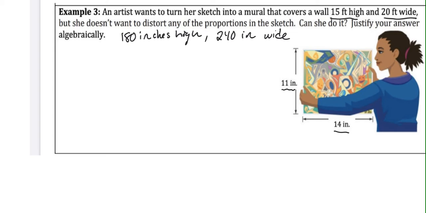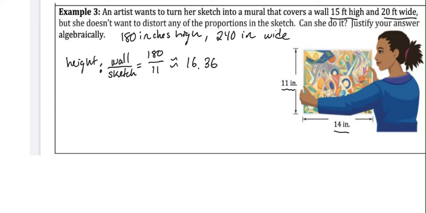And then once we find these ratios, they should be equivalent and proportional. So the wall over the sketch, right? The wall height was 180. The sketch was 11. If we divide this, we should get approximately 16.36 if you put it in a calculator.